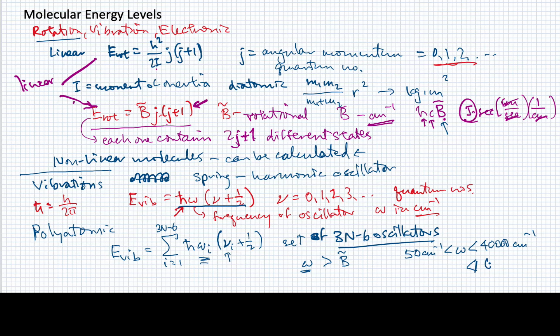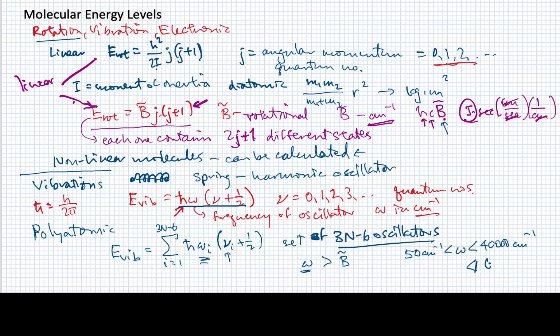Now I want to finish by talking about electronic, and I'm not going to really say a lot about electronic energy levels. The reason I'm not going to say a lot is because at room temperature most molecules are simply in their lowest electronic state. So we can think of these electronic states as ranging, say, from down here to up here.